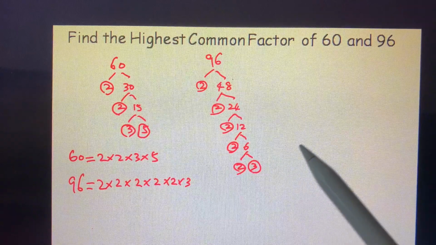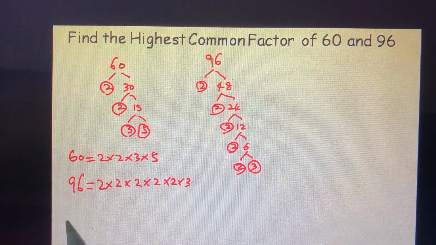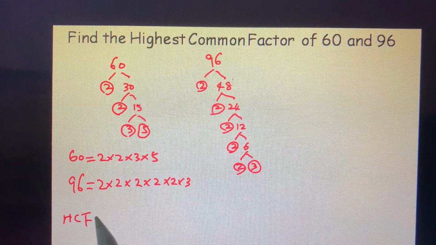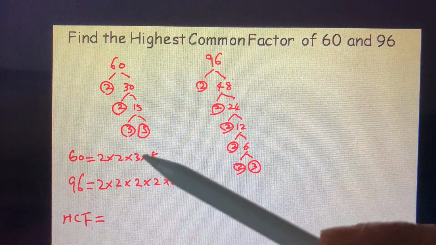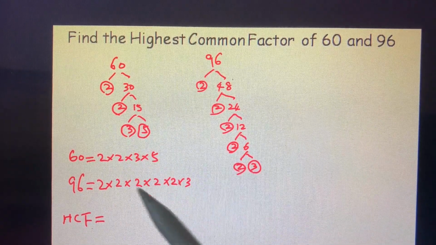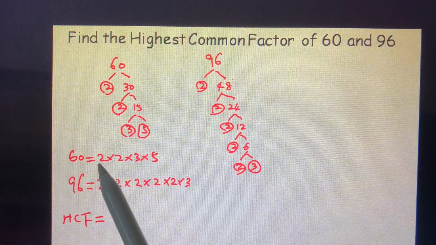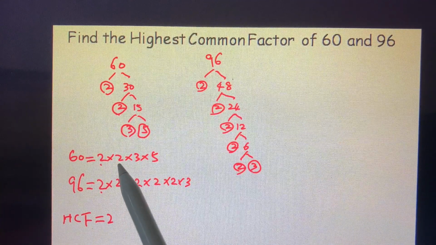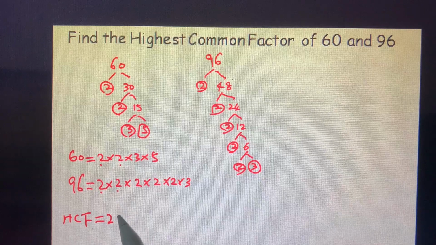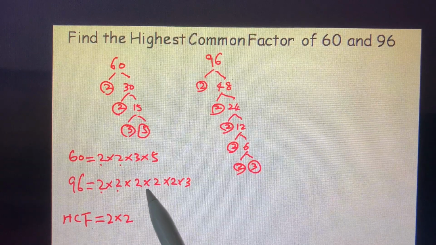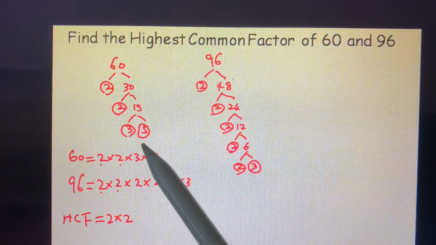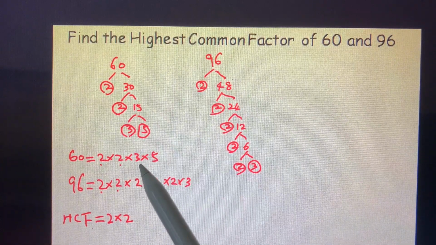Find the highest common factor. We find the common ones. Here's a 2, this 2 matches this 2. This 2 matches this 2. No more 2's, so I can't write on the top line. Look at the 3.